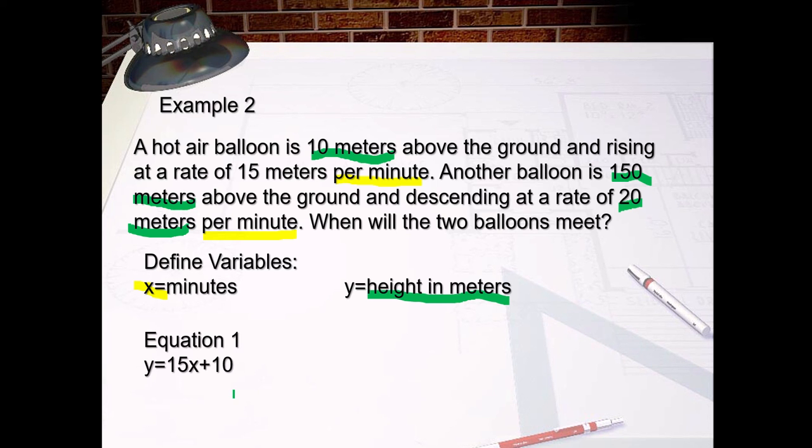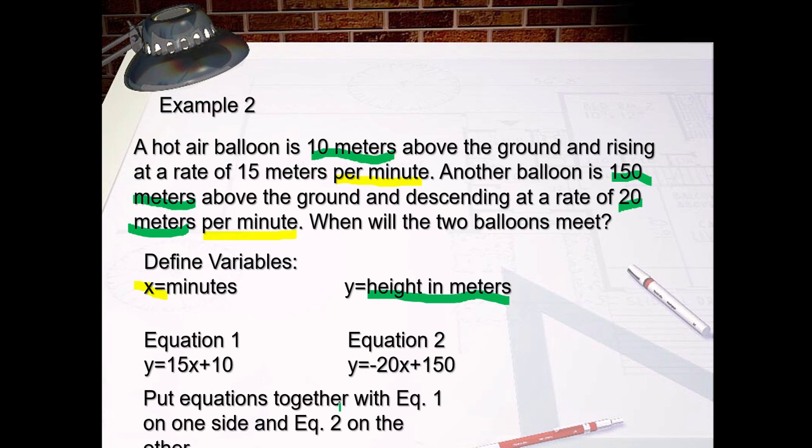Now, equation 1: here, I have 15x plus 10. And equation 2, I have y equals minus 20x plus 150. Now let us see how to write these equations. It says 10 meters above the ground and rising at a rate of 15 meters per minute.